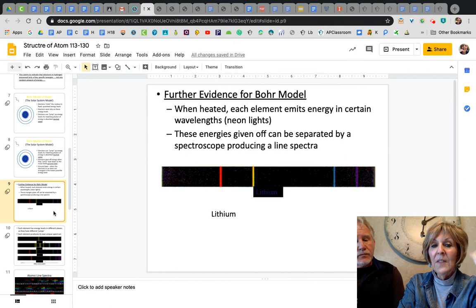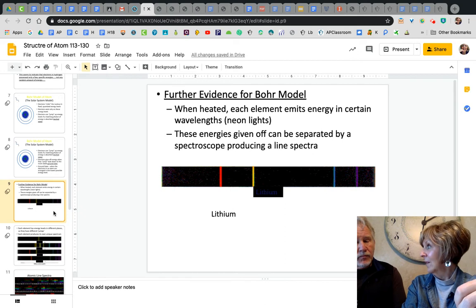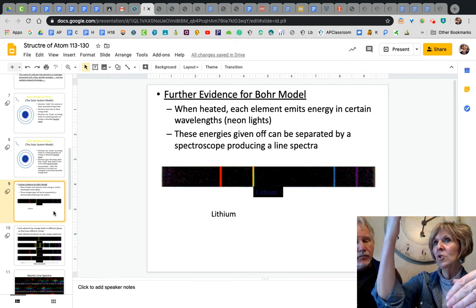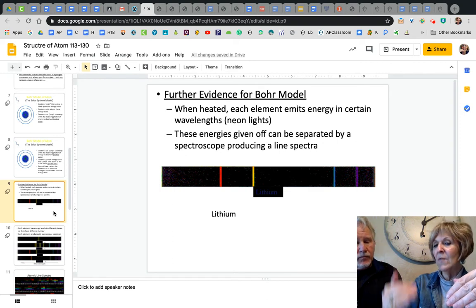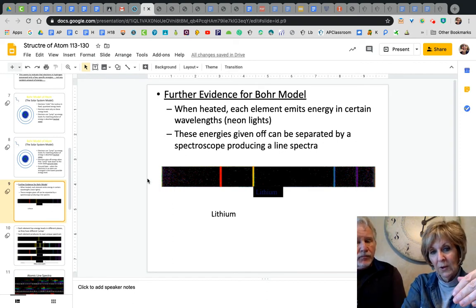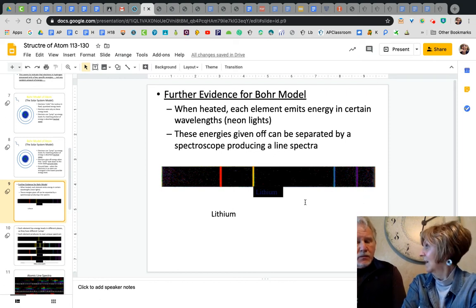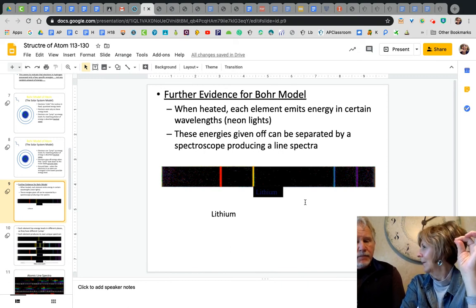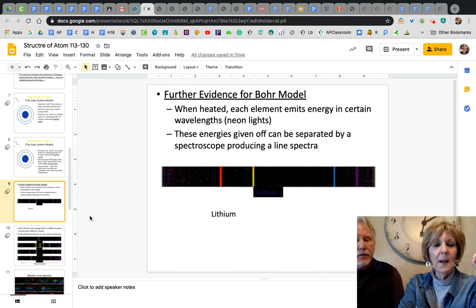So this is really cool, because then we figured out that we could look at different elements, and depending on their electron pattern, when we excite them, their electrons would jump up to certain levels and then fall back down in a characteristic pattern and make very specific line spectra that we could use to identify. It's like a fingerprint of this specific element.